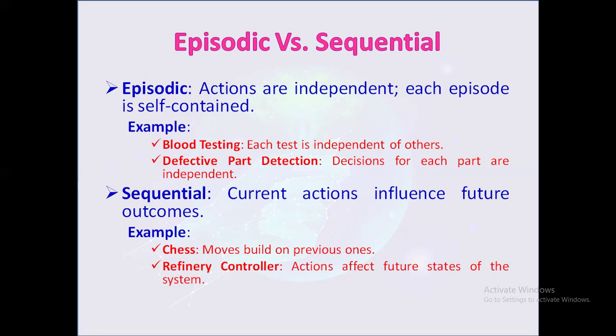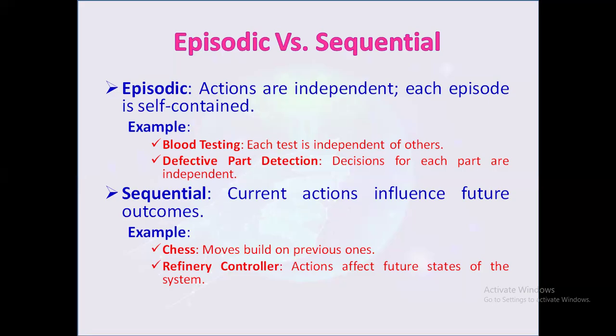making future decisions. This type of environment requires the agent to plan and think ahead, as its actions have long term consequences. If you take the example of the chess game, each move builds on the previous one, and the current board state directly influences the further game state.